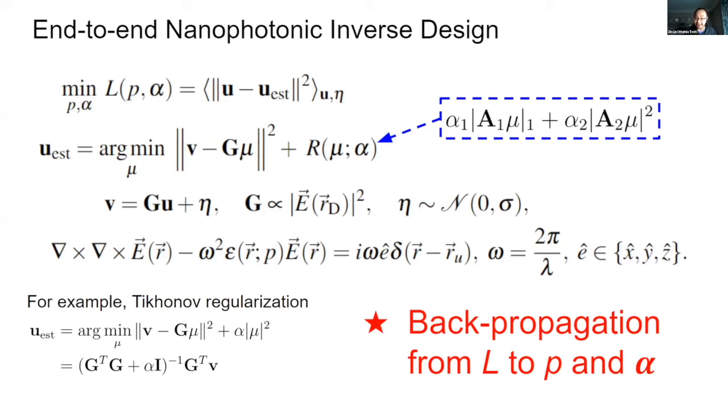As I said, this is all about backpropagating the gradients of L with respect to P and alpha, where alpha is in the backend, all the way to P and alpha. But here I'm not writing down the explicit expressions for these gradients, because they are very complicated and not very informative. On the other hand, we are trying to efficiently implement this backpropagation, and that is possible because of two things.